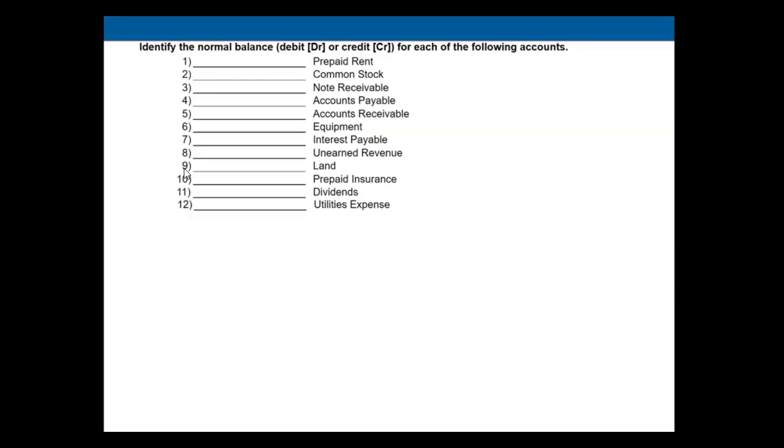Land, asset, debit balance. Prepaid insurance, just like prepaid rent, an asset with a debit balance. Dividends. Remember, dividends go against the equity balances, so it has a debit balance, and utilities expense again goes against the equity. It reduces equity, so it has a debit balance. You should be able to knock these off as quickly as I did.